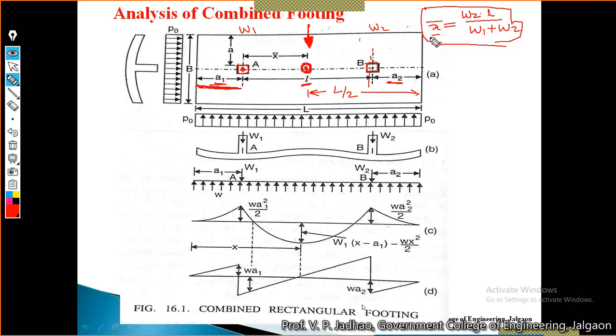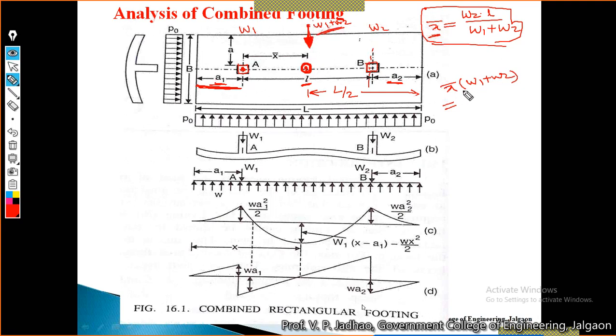How is this X bar derived? We have taken moment about column A. If we take moment about column A, we get X bar multiplied by W1 plus W2, taking the moment of W1 plus W2, which acts at the centroid of the footing.